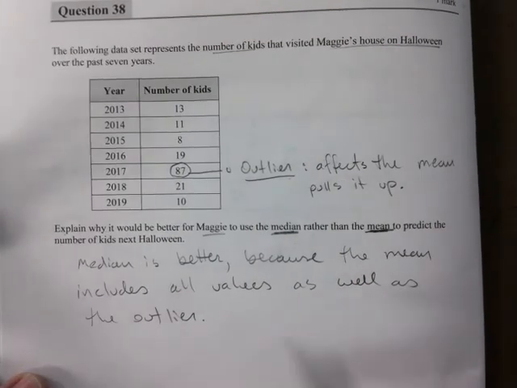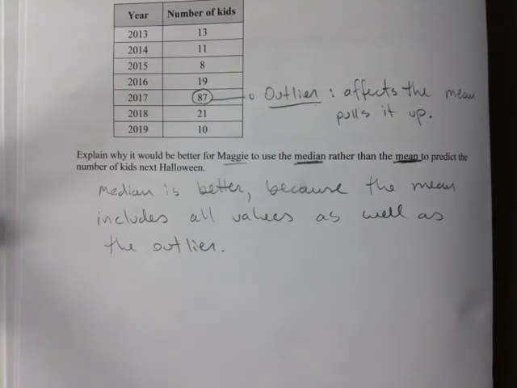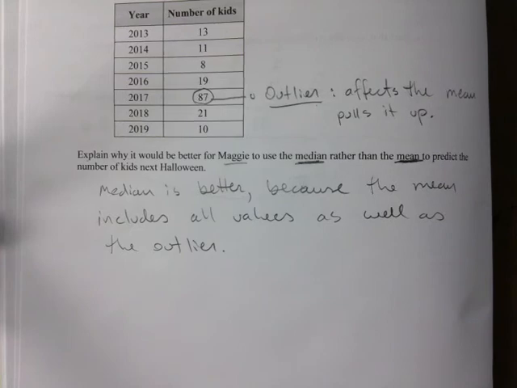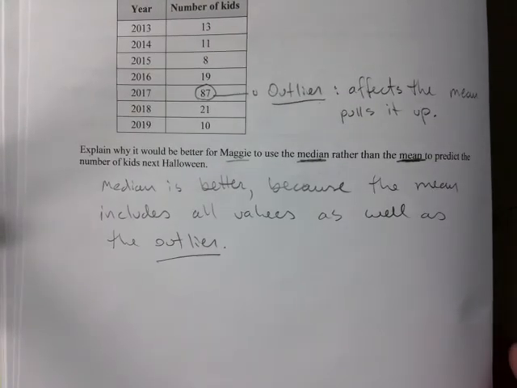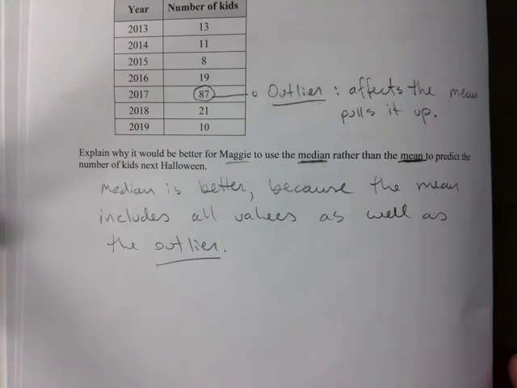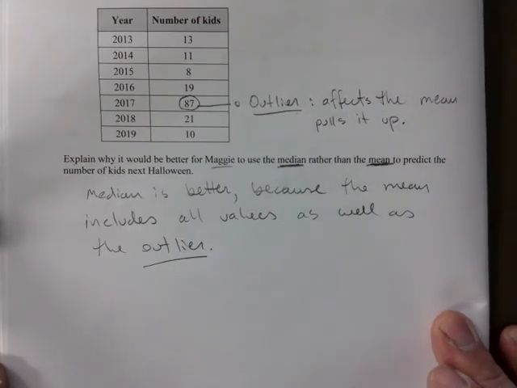Man, run-on sentences, I probably wouldn't make it in an English class, but we're okay here, right? So the median is better because the mean includes all values as well as the outlier. You could go further saying the outlier will drag up your mean, giving an inaccurate picture of what's actually happening.